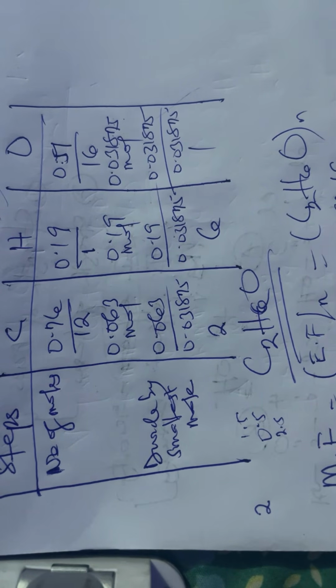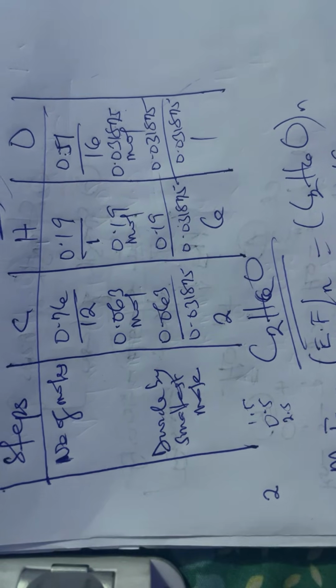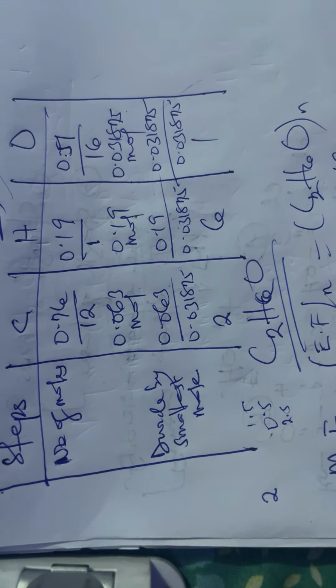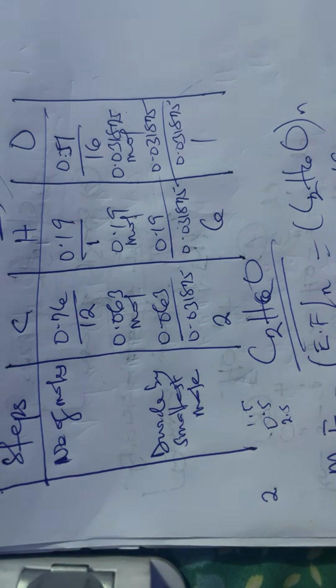All right, like I've always been encouraging you, any question you find on empirical and molecular formula, please do well to attempt it. Do well to try it out. I'll be ending this live class now. In the next live class, we are going to be looking at mole concepts and stoichiometric calculations.